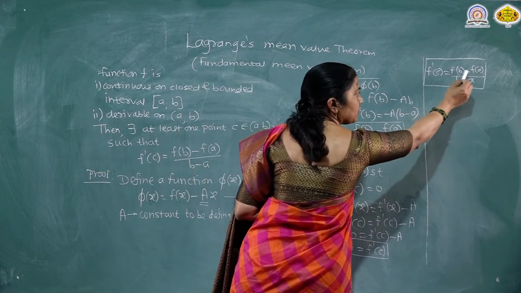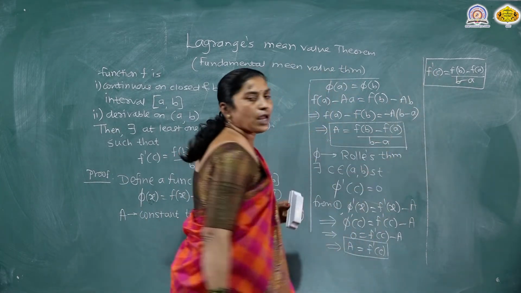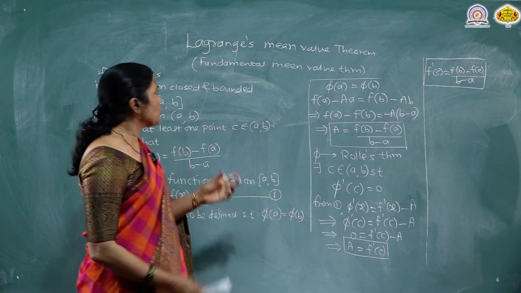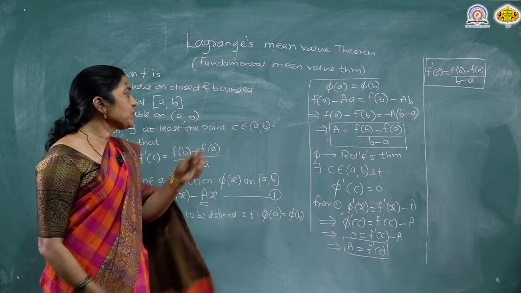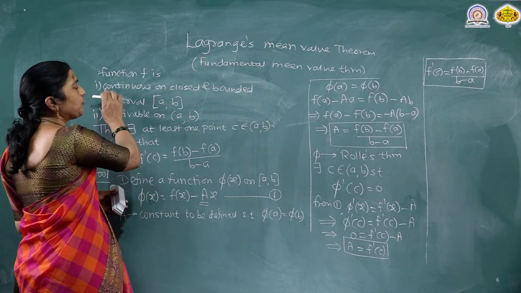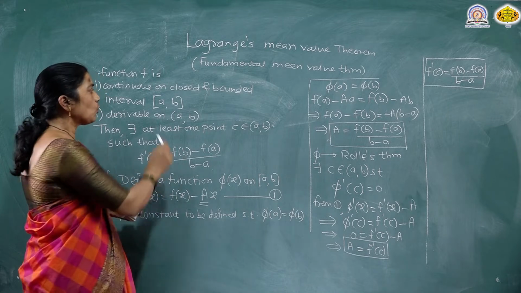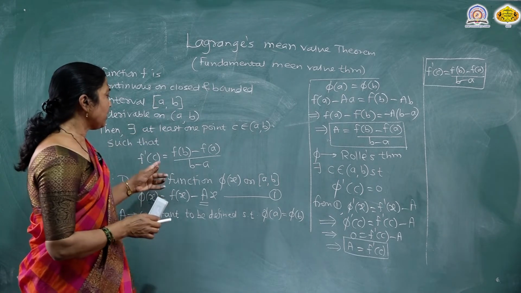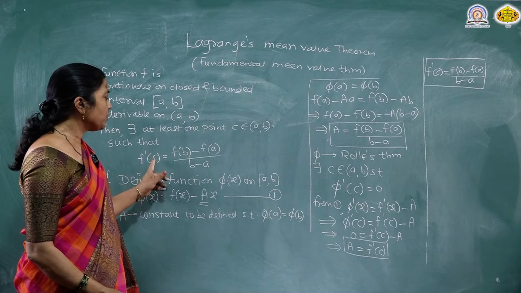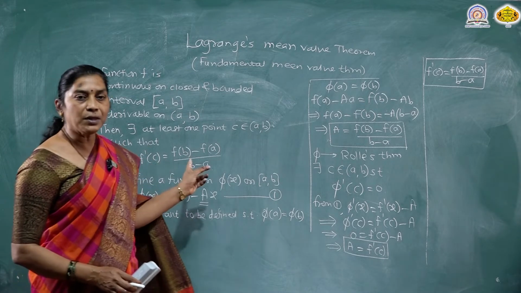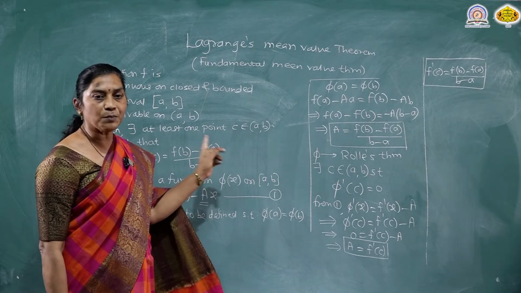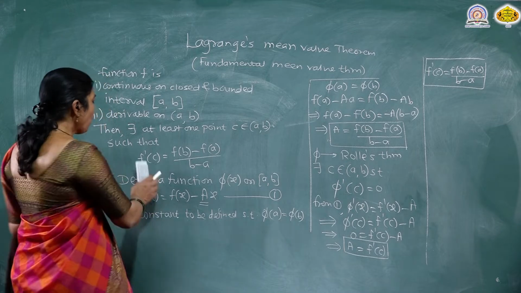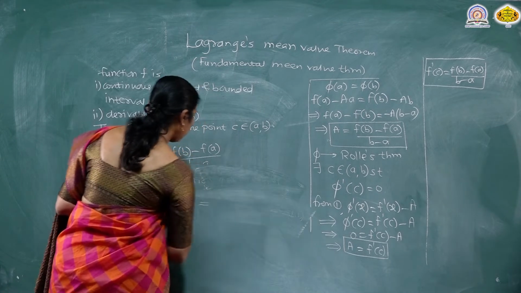So this is Lagrange's mean value theorem. The conditions are that the function must be continuous on closed and bounded interval and derivable on open interval. Then there exists such point c which satisfies the condition f'(c) is equal to (f(b) minus f(a)) upon (b minus a).